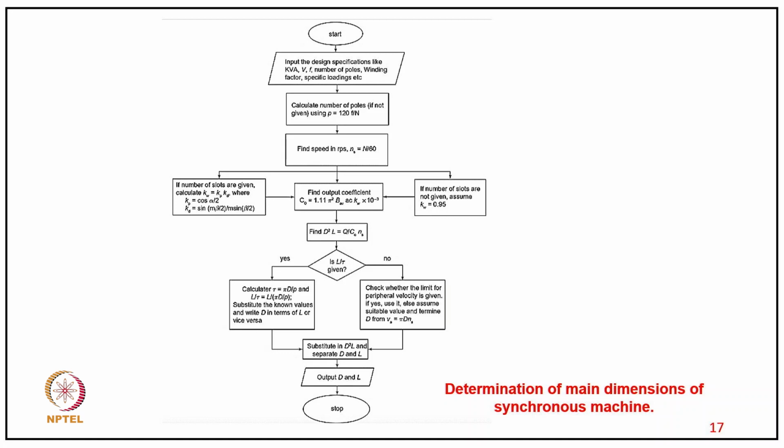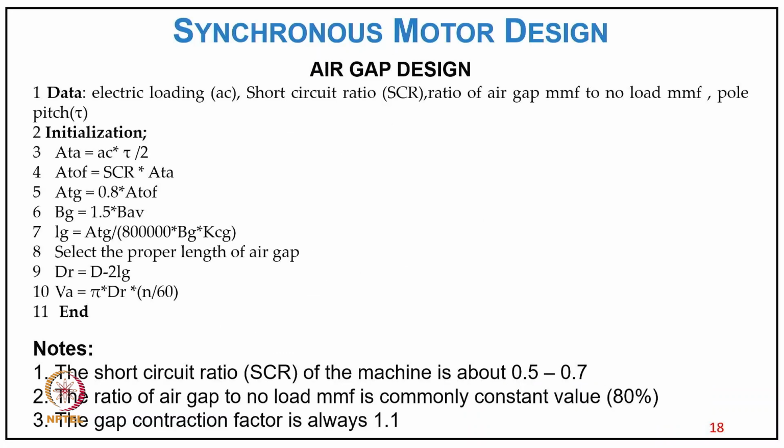Yes, calculate tau equal to pi D upon p and L upon tau, L upon pi D by p, and substitute the value, and then write D in terms of L and vice versa. If no, then check whether the limit on peripheral velocity is given. If yes, use it, else assume a suitable value and determine D from v equal to pi D N, and substitute D square N and separate the D and L, output D and L and stop.